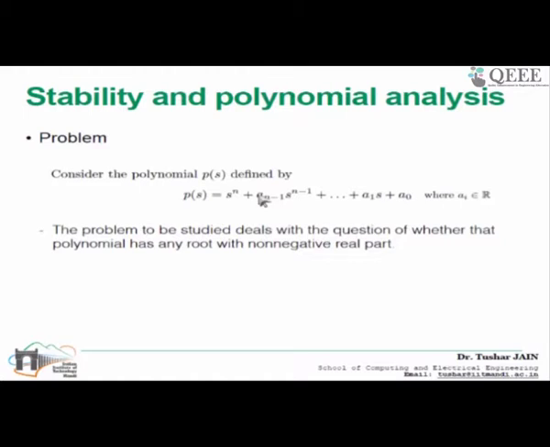In the initial slides we saw that Maxwell proved stability only up to third order systems, and he posed the stability problem as an algebraic problem. We will see the different tools by which we can compute stability for up to nth order systems. Now we'll stop today at this point.